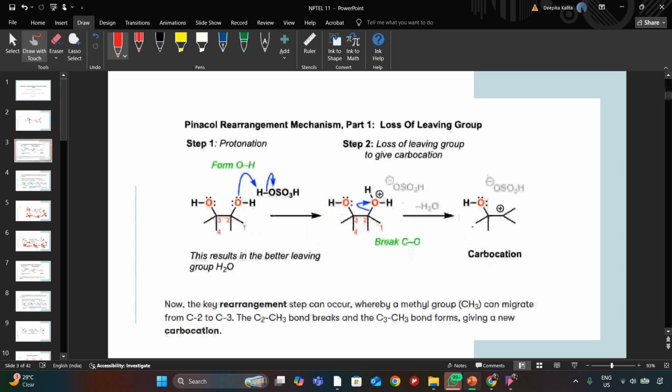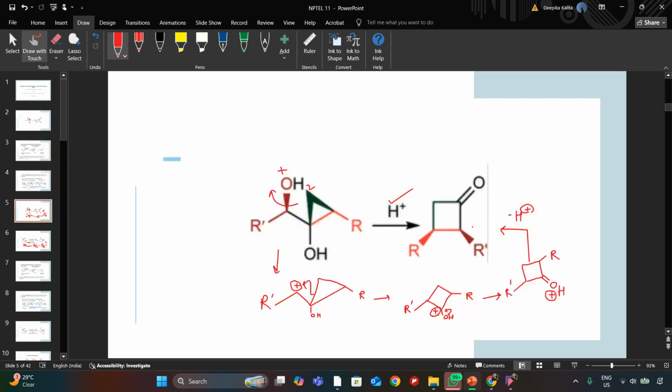And we went through the reaction mechanism which is involved in pinacol rearrangement, and hence we figured out that the oxonium undergoes water molecule elimination followed by alkyl migration to give cyclobutanone as the final product.